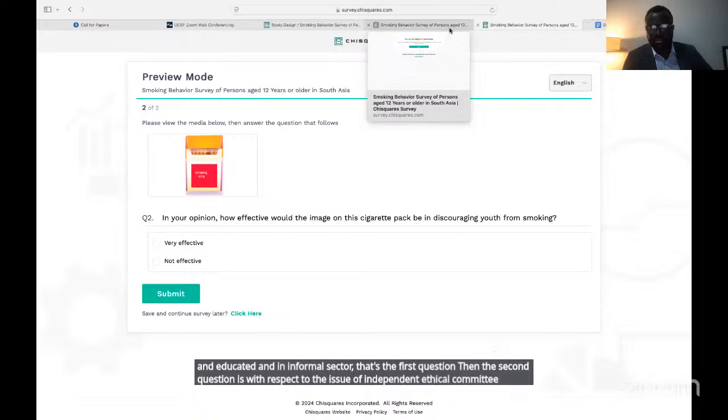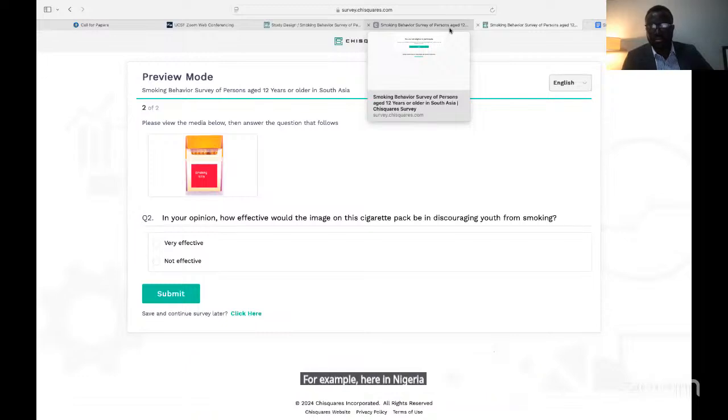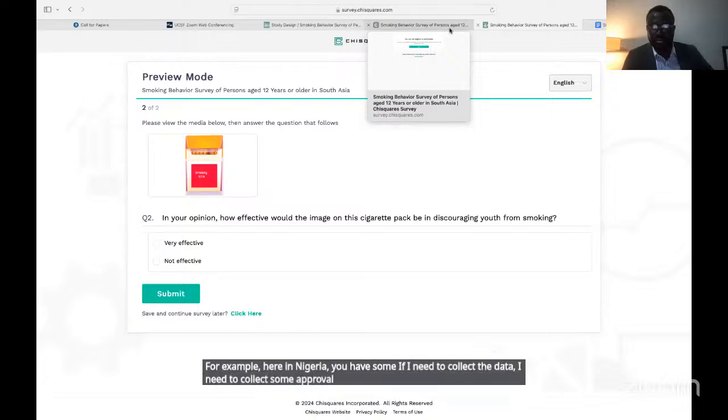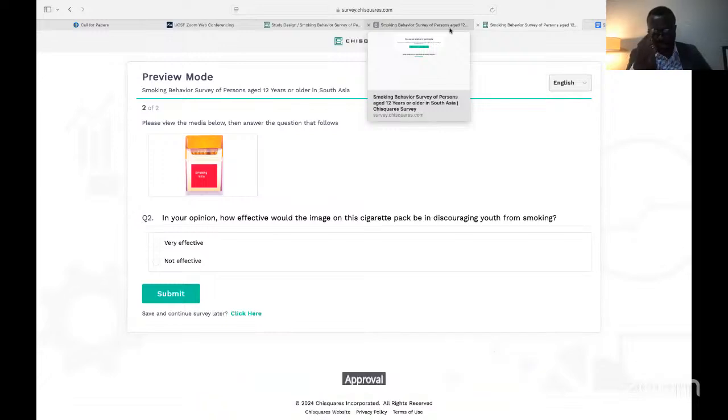Then the second question is with respect to the issue of the independent ethical committee. For example, here in Nigeria, if I need to collect data, I need some approval. I stay in Kaduna State, and there's a circular that for anything you want to do in Kaduna State, there must be approval from the Kaduna State Bureau of Statistics.